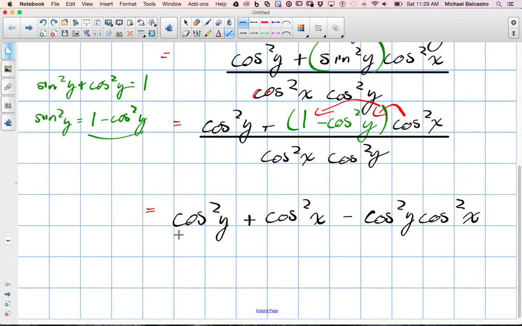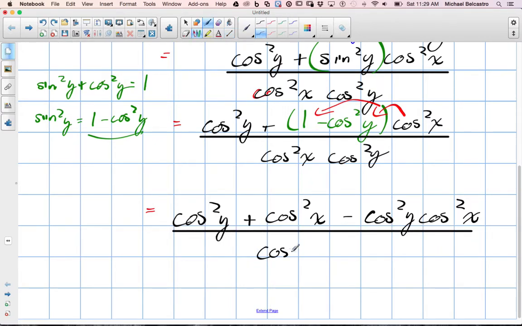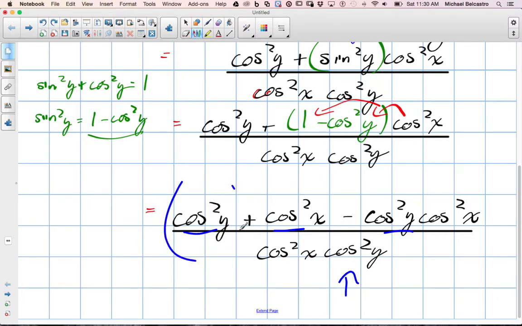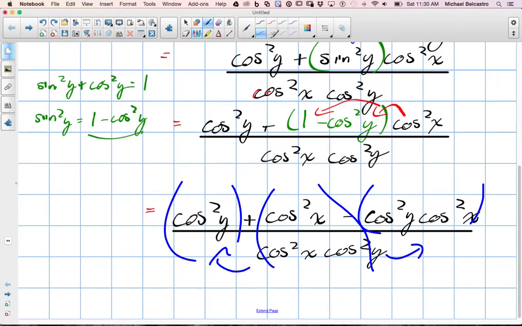Technically all of this is again above cos squared x times cos squared y. Now what I have is 3 separate terms all with the same denominator. So I'm going to write them as separate terms, each with this denominator, separating what we combined earlier.